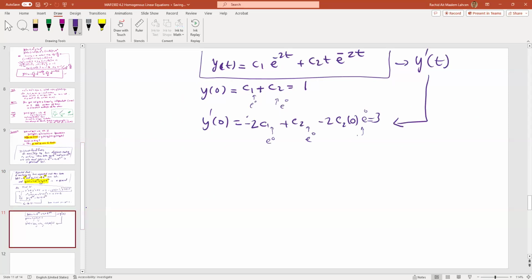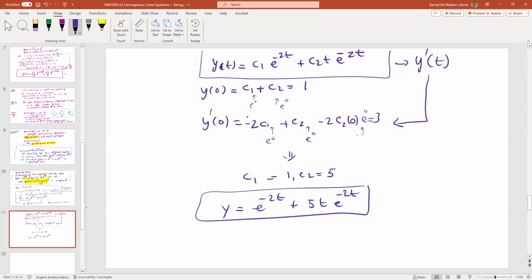And that will give you C1 as 1 and C2 as 5, and will make this general solution to be this. Okay, so it's a specific solution, of course, to the IVP.